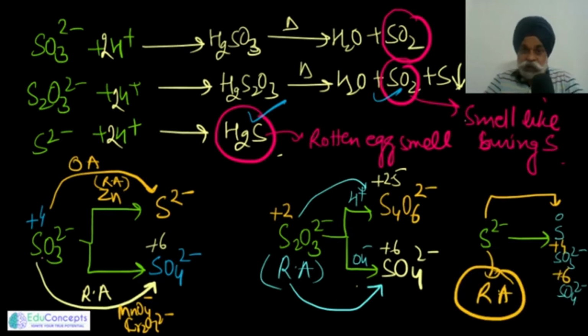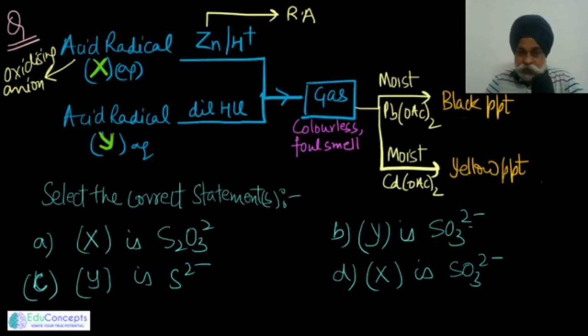So what we have sensed out from this discussion is that the species which is reacting with zinc must be sulfite ion, because these two are reducing agents. So I think we have almost done the question. If X is sulfite ion, this can produce H2S gas, and that H2S gas can also be produced from the sulfide ion.